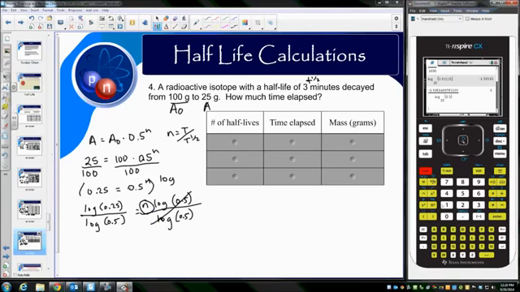So our calculations are control 10 to the x, log of 0.25. That's not going to work. I have to do that operation first, guys. Sorry. Enter. Divided by log 0.5.